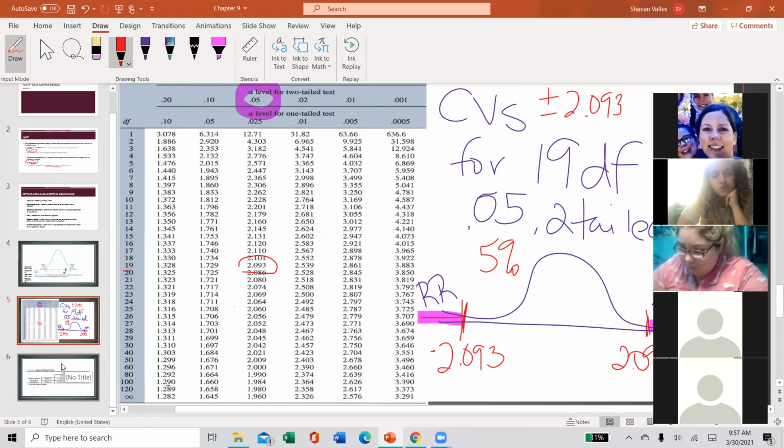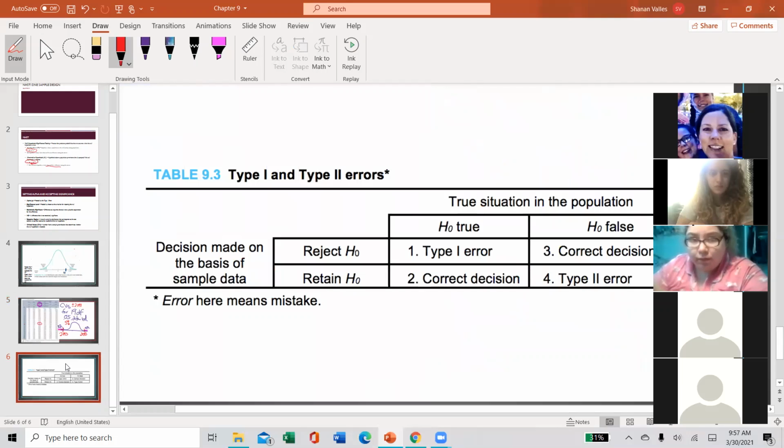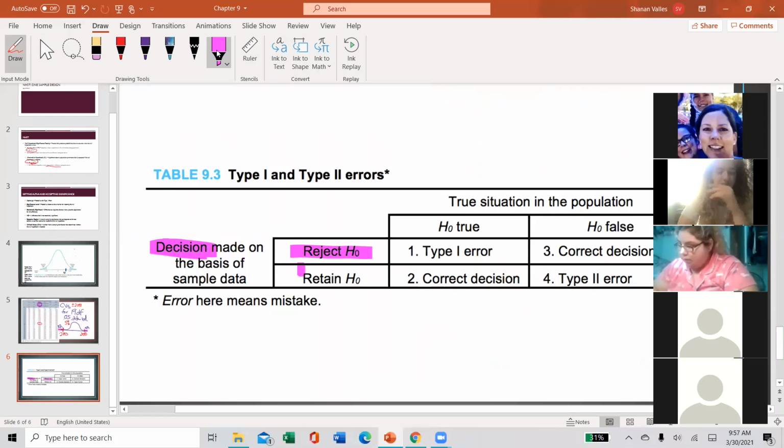This will also come together a little bit better once we start doing our t-tests and we start really getting real numbers and then really testing them. Okay. Now, when we come to that point, and we're having to make a decision of either to reject the null or retain the null, okay?